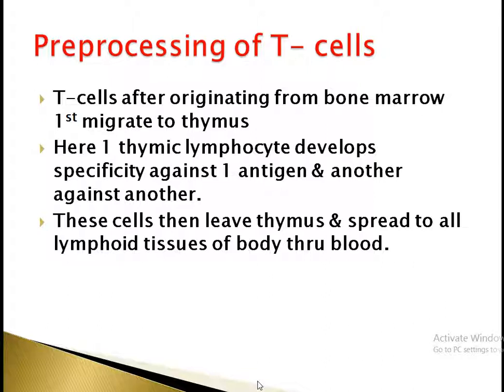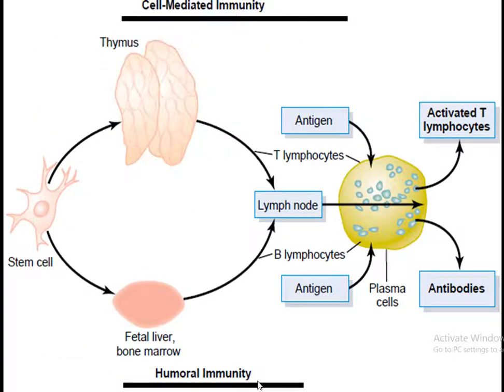These cells then leave the thymus and spread to all lymphoid tissues of the body through the blood. So it is very important to know that from the stem cell, some of the cells go to the thymus, where their pre-processing occurs.